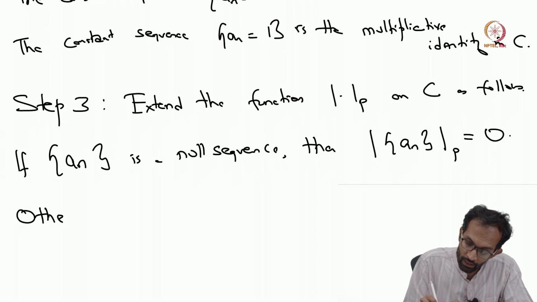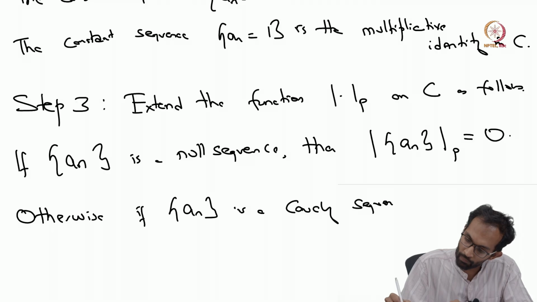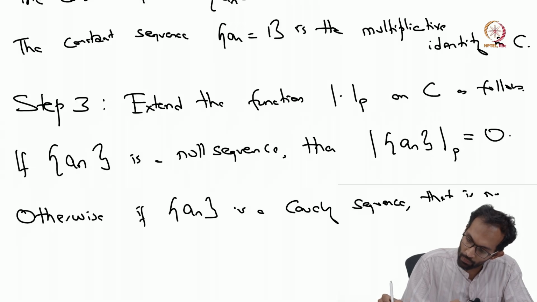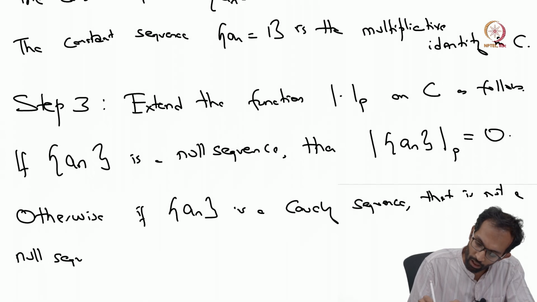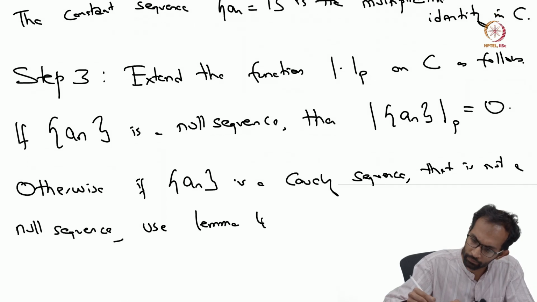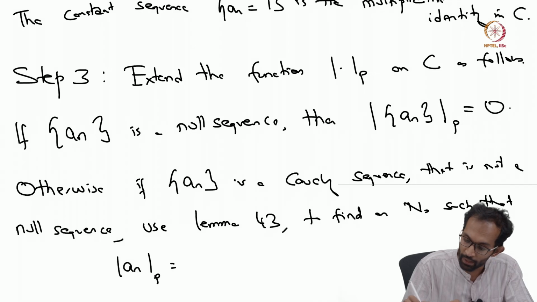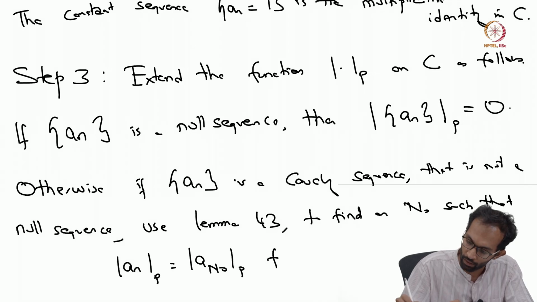But if you have a Cauchy sequence that is not a null sequence, use lemma 43 to find an n_0 such that the absolute value of a_n eventually just matches the absolute value of a_{n_0} for all n larger than n_0.